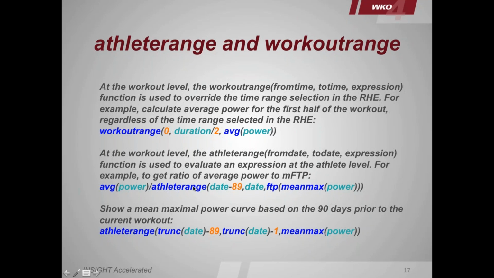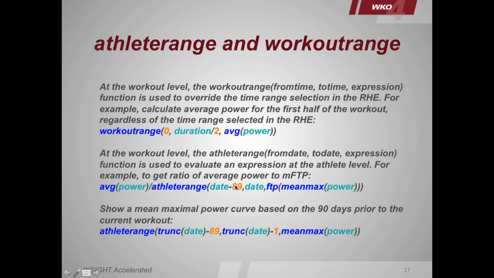Athlete range lets you get data from the athlete level. One of the challenges that we've had is that at the workout level, we weren't able to get your modeled power, because your modeled power depends on data outside of the current workout. In this example, I'm using the last 90 days.